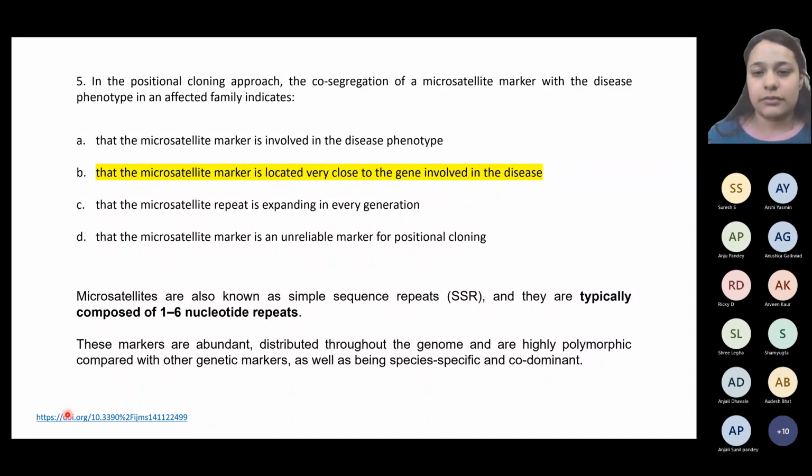It gives us some information on what exactly a microsatellite is, right? It says that they are distributed throughout the genome. So, for example, if our genome has around 3 billion base pairs, right? These microsatellites will be present at some distances throughout the genome.